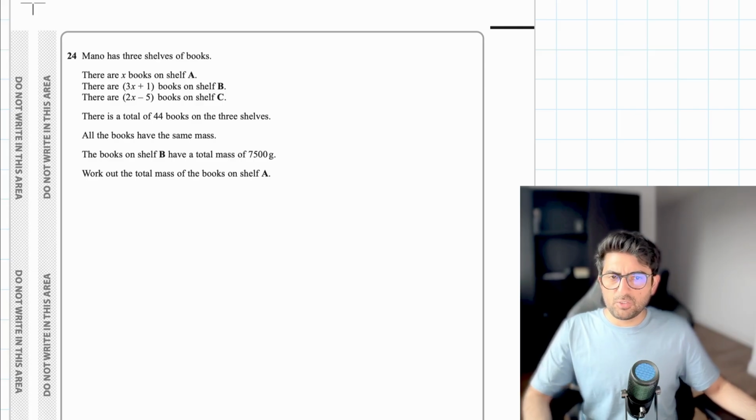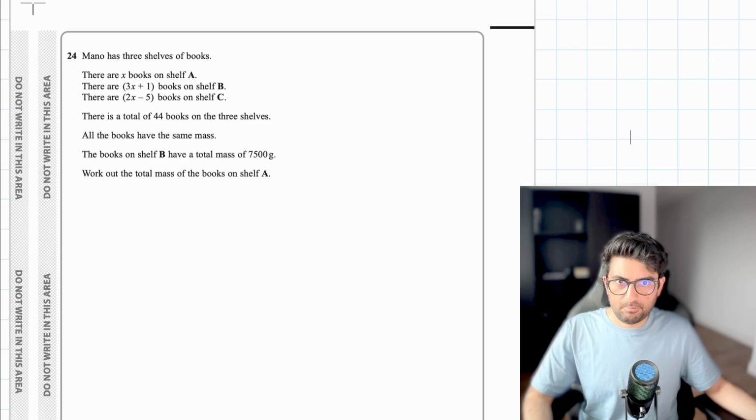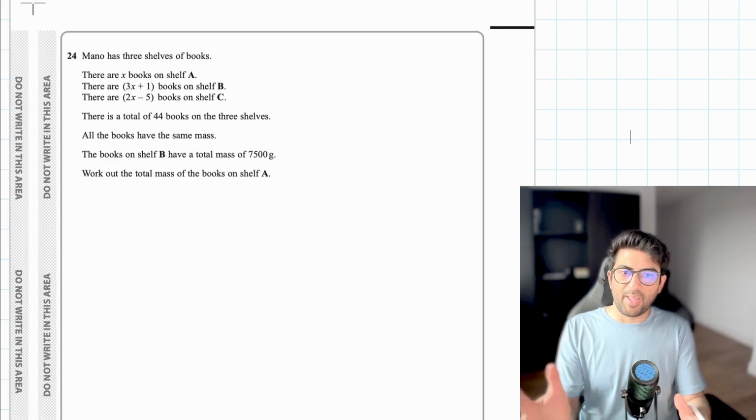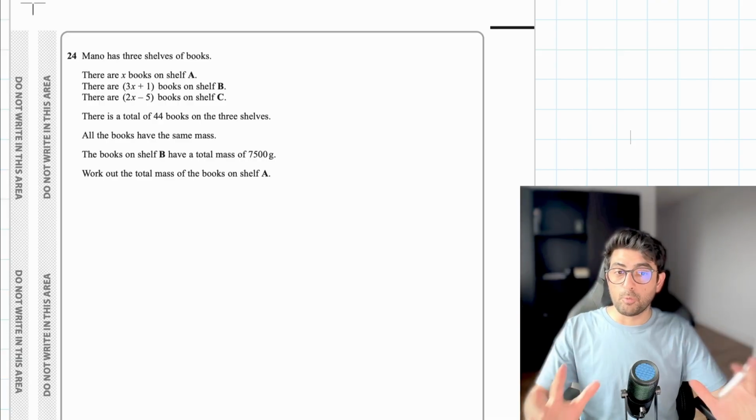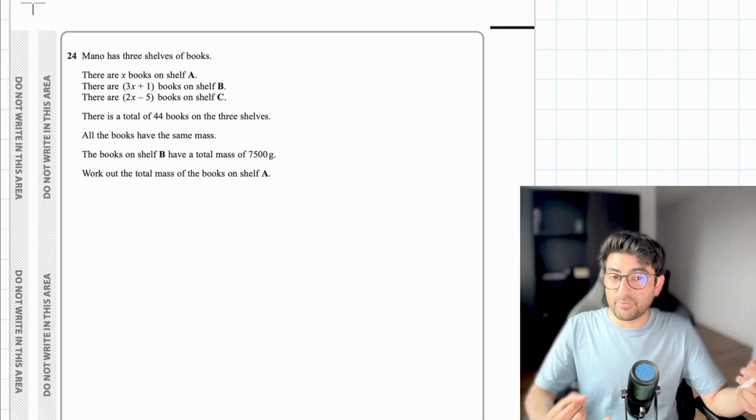I think we need to first work out how many books are on shelf B. And to do that, I think we need to work out x, because if we know x, we can just work out the books on shelf B. So to work out the value of x, we know that there's 44 books altogether. So I think we need to add up x, 3x plus 1, and 2x minus 5, make it equal to 44, and then do some algebra to work out x.